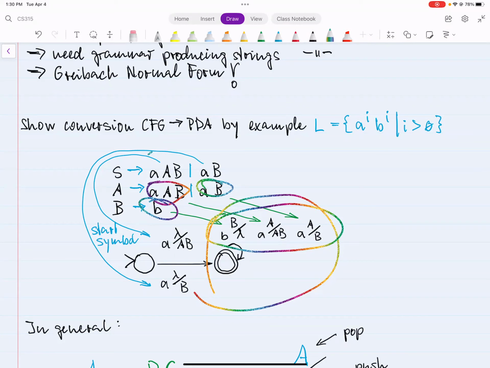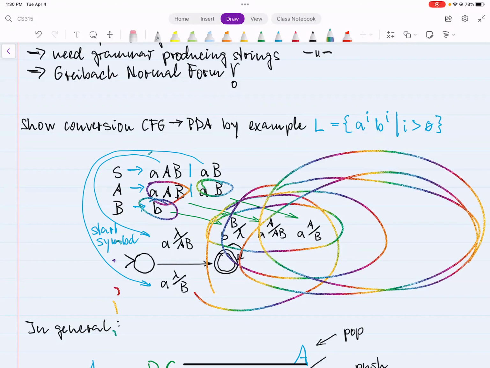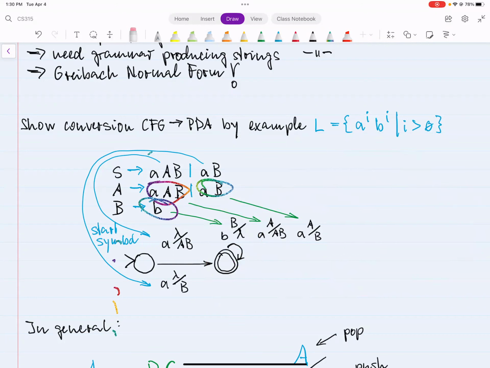Would it be like that for all created? If we have 1,000 more rules, we would have much more here. Okay. So there'll always be two states, a start and then the final. Exactly. Yeah.